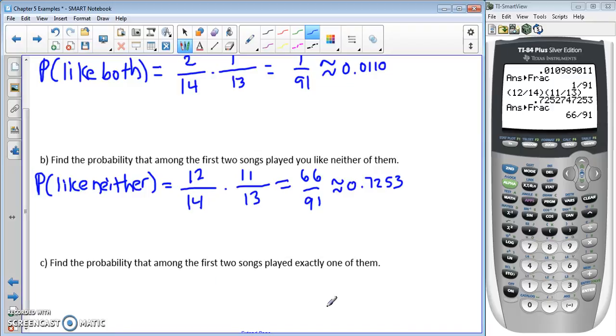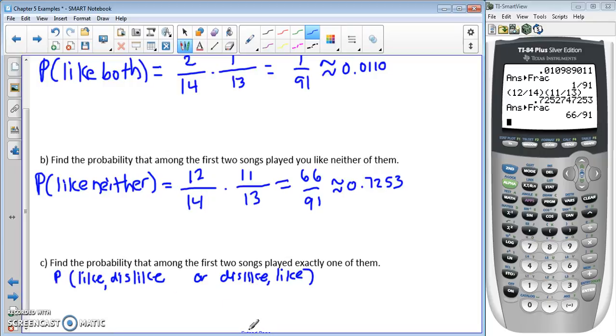So there's 2 ways we can have this. We can either like and dislike, or we can dislike and then like. So that's what we're looking at. It's really essentially the probability of this or that.